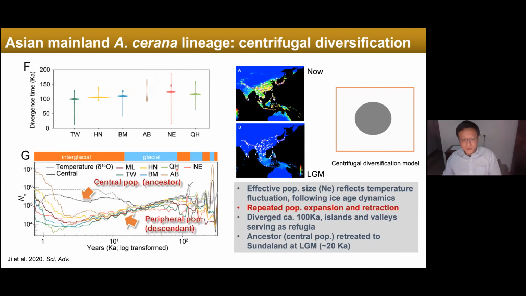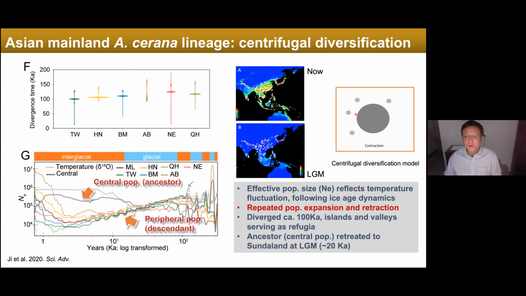But perhaps the most interesting part is when we look at the evolutionary history, or the population dynamics, and we concluded that all the peripheral subspecies actually derived independently from the same ancestral central population. To make it easier to understand, we've been calling this the centrifugal diversification model.